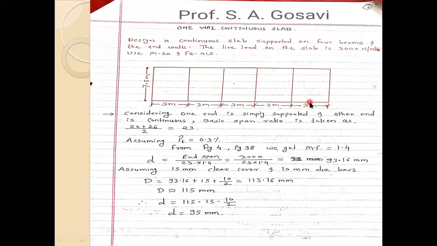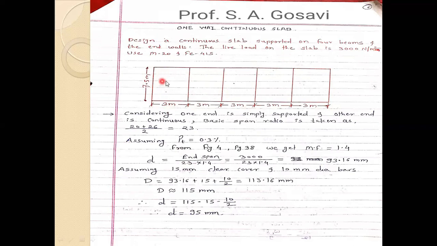So for the continuous slab, we should take the span to depth ratio as 26 instead of 23. But in our problem, nothing is mentioned about designing the end panel or the intermediate panel.